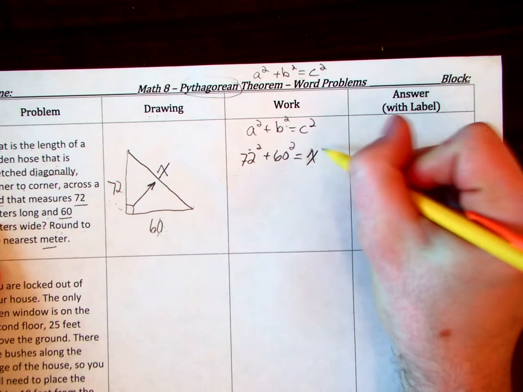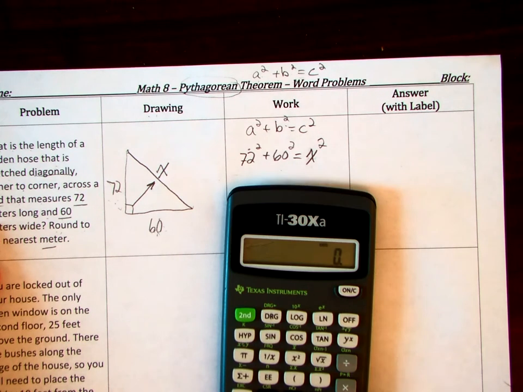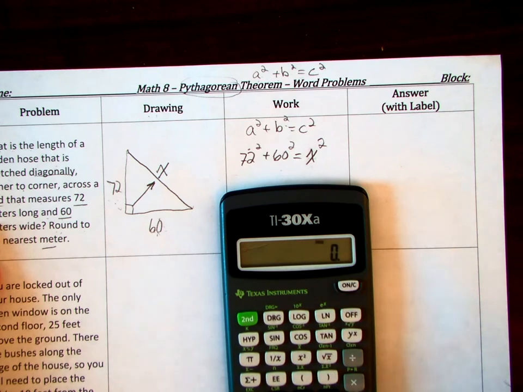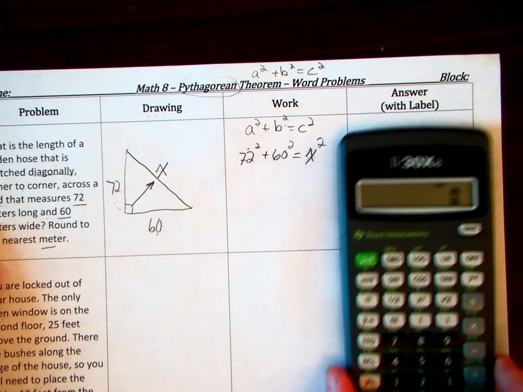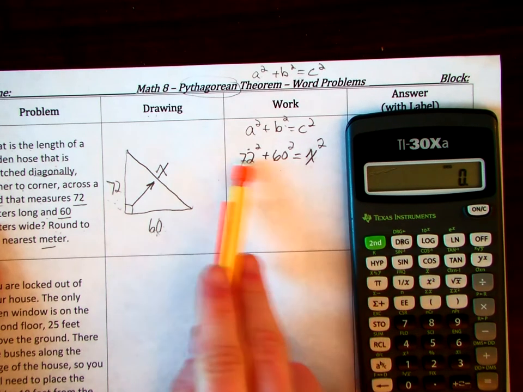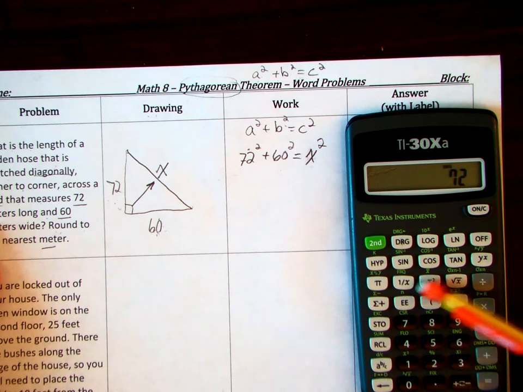X squared. All right, so again, using our trusty calculator and driving it carefully as always, I'm going to put it up here so that way you can see it perfectly. All right, so we're going to have 72 squared, so we're going to type 72, and instead of doing times 72 again, we can just hit this little button that has x raised to the power 2.